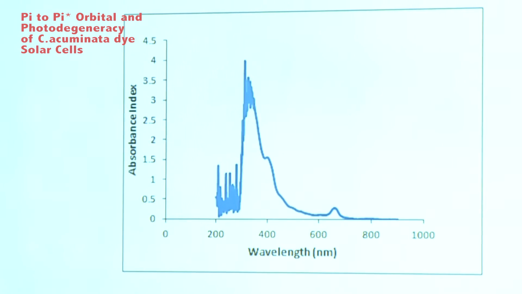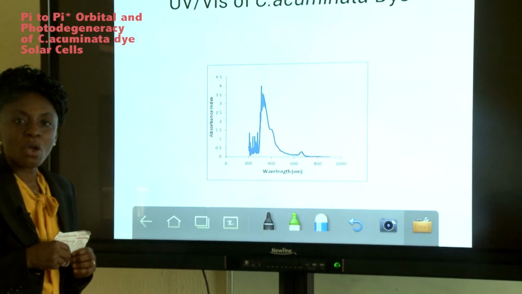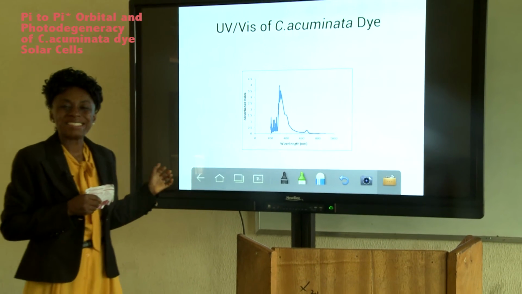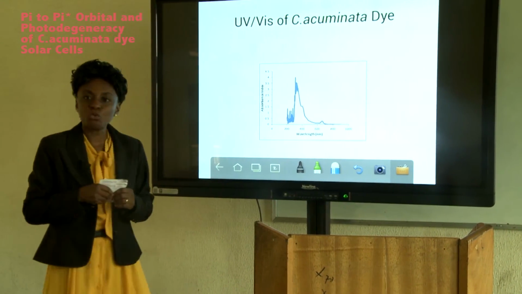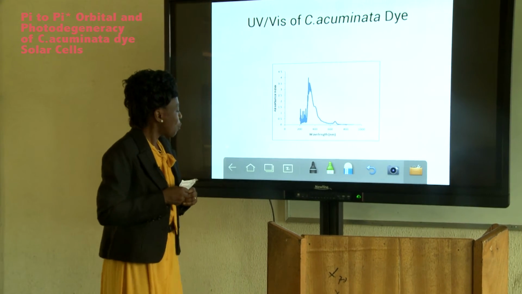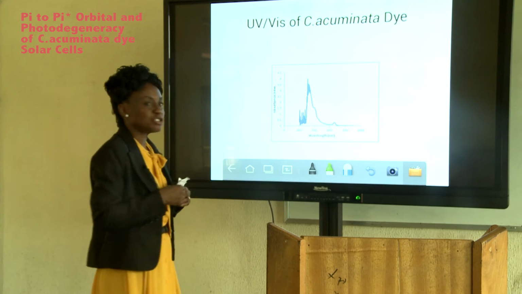Now, what is the implication of this? Let's look at the absorbance index. That's about 4.0 absorbance index. What it means is this dye is actively absorbing in the visible region of light. When we see between 200 and 300, we see a spate of reactions there.